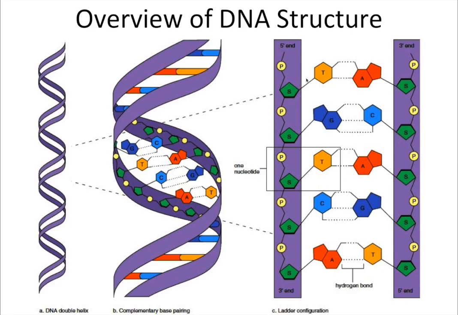You can look at it a little bit differently over here to the right, more of a two-dimensional view. So we have one strand here on the left, one strand on the right. The one on the left, you have this so-called 5' end and 3' end. You can see with DNA, the 5' end is matched up with the 3' end of the complementary DNA strand. And then you can see the phosphate groups, and I guess S must stand for sugar in this case, but it's the deoxyribose ring.